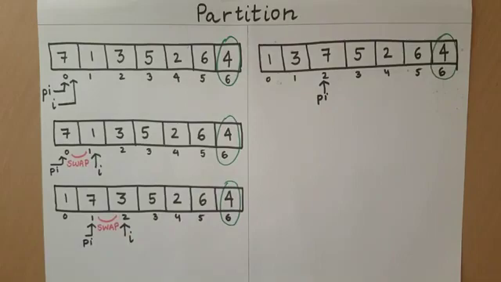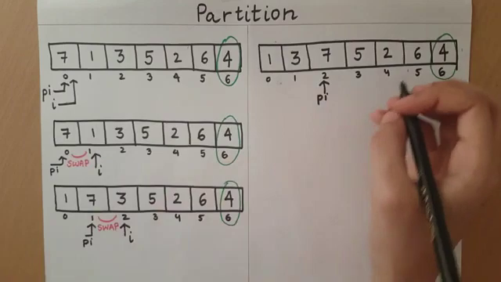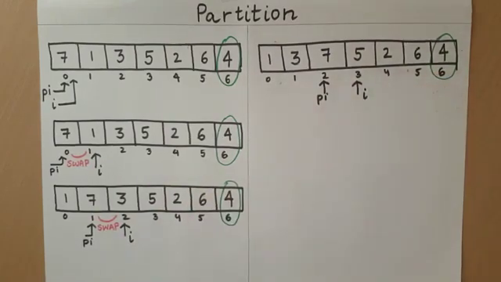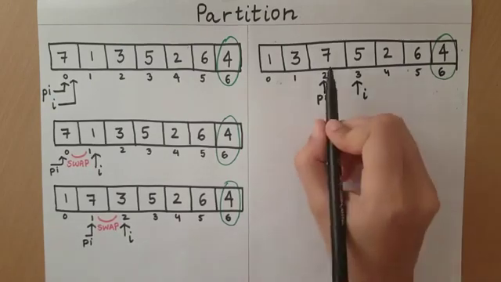Now that we have swapped the two elements and incremented Pi, we can start checking for the next element of the array. By that, I mean we can increment I by 1. The element at I is 5. If we swap the element at Pi and the pivot, 4 will come over here.